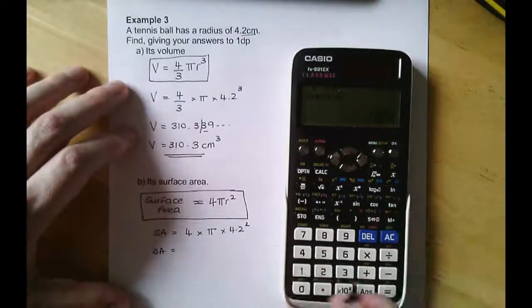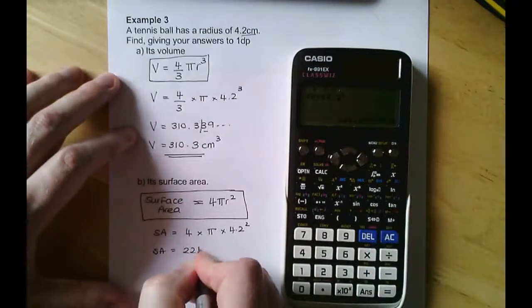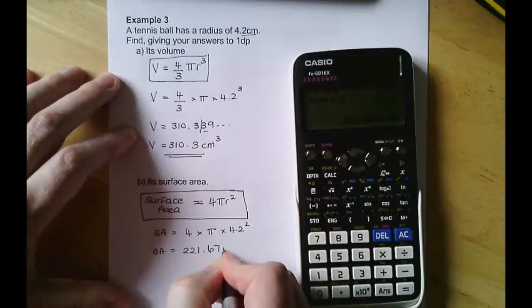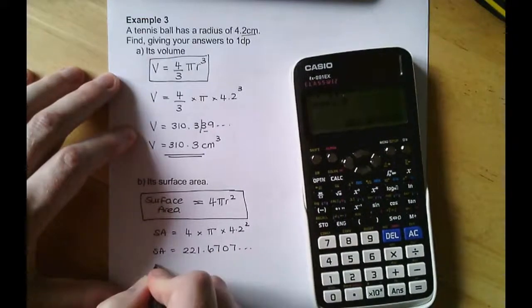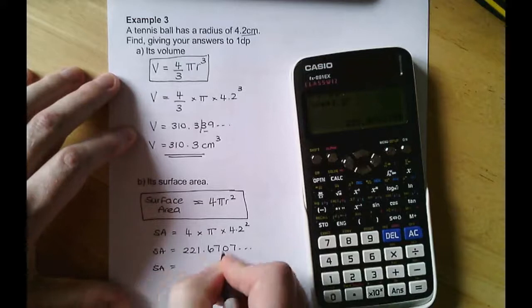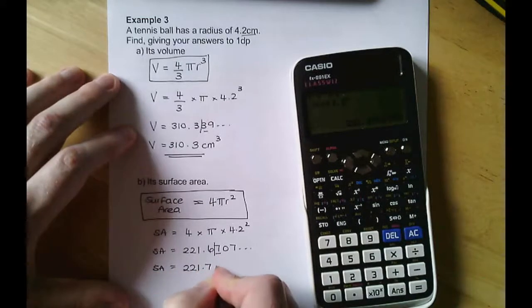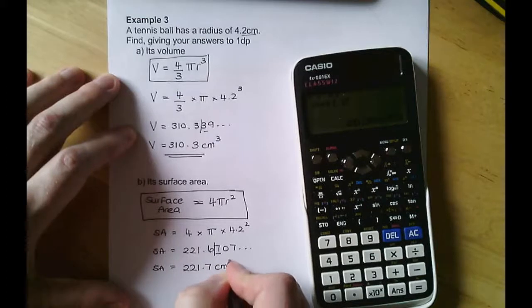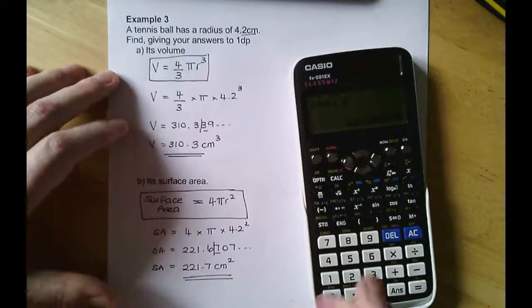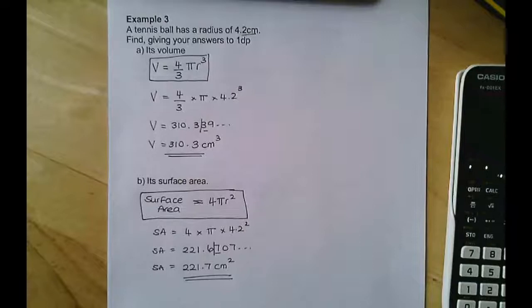That gives you 221.6707, and so on. To one decimal place gives you 221.7 centimetres squared. And that's it.